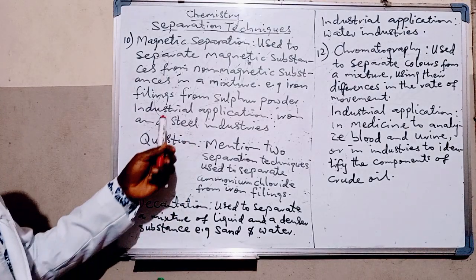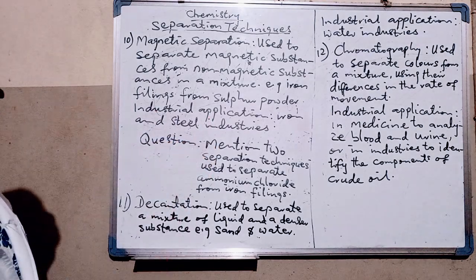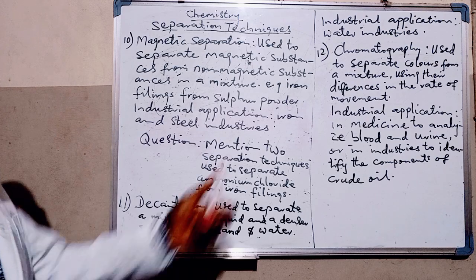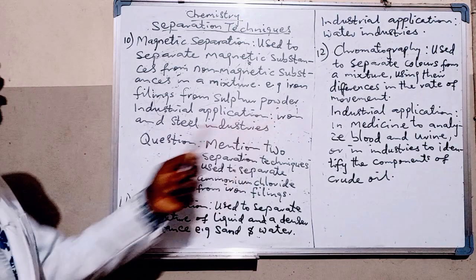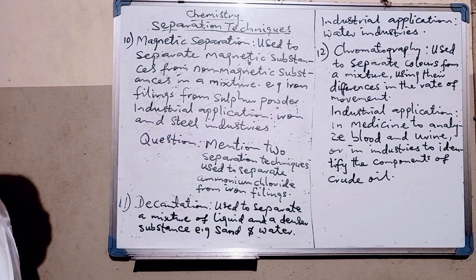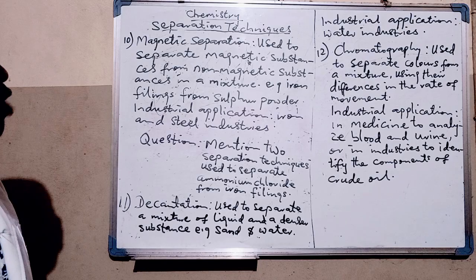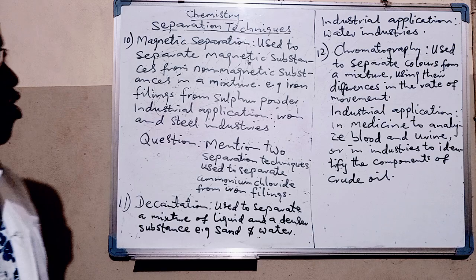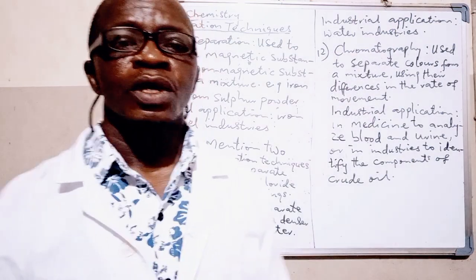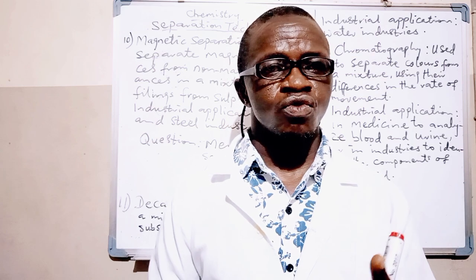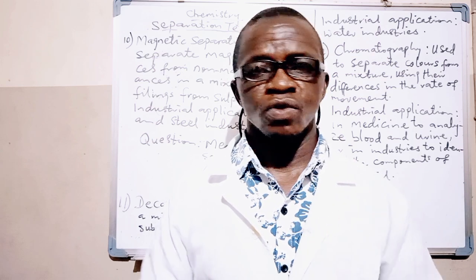Now the industrial application of magnetic separation: it can be used in iron and steel industries. Now a question comes. Mention two separation techniques used to separate ammonium chloride from iron filings. Two techniques that you can use to separate them.